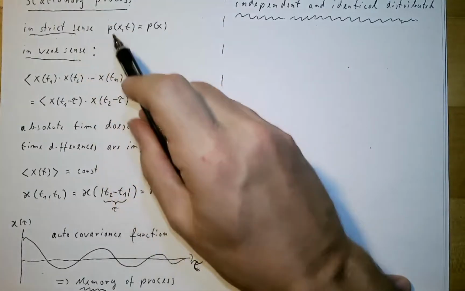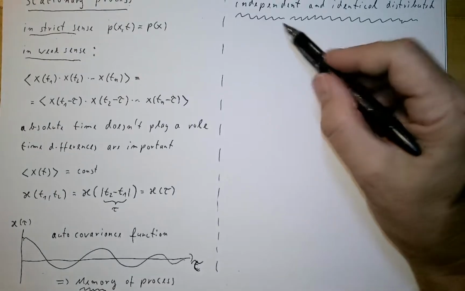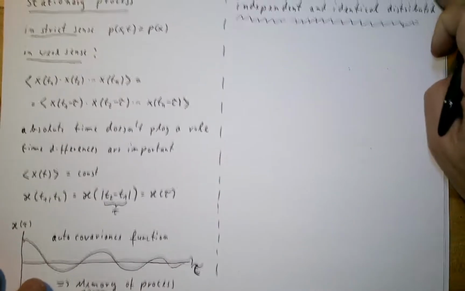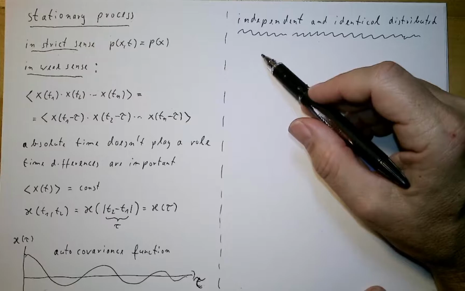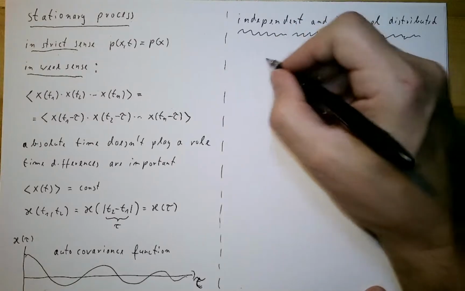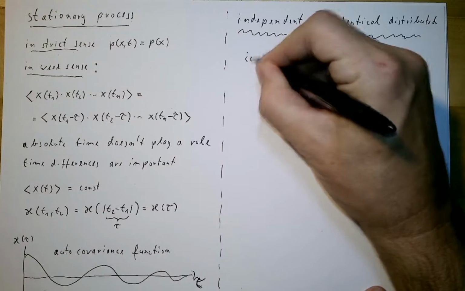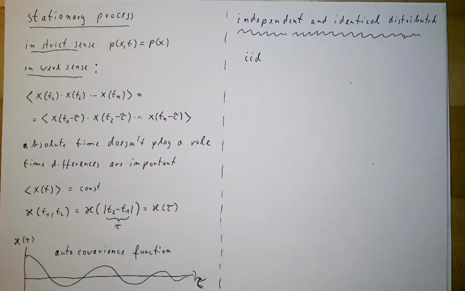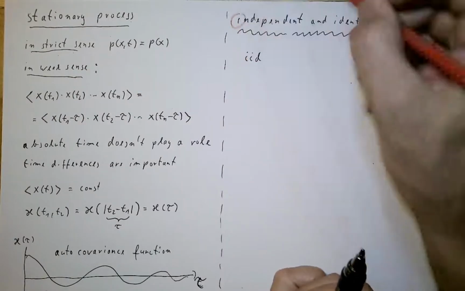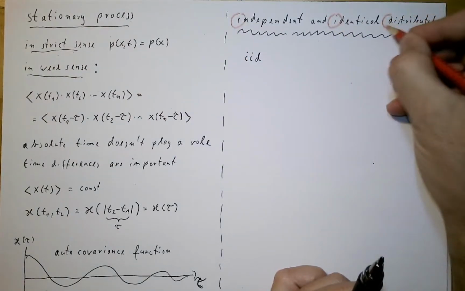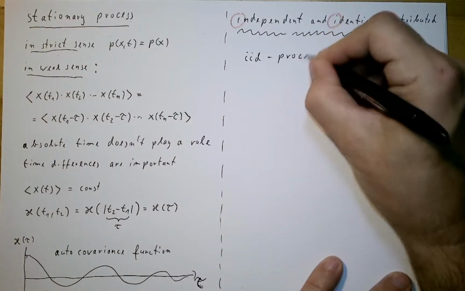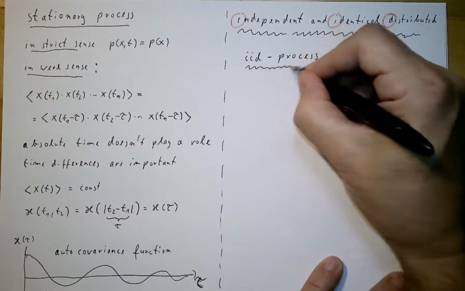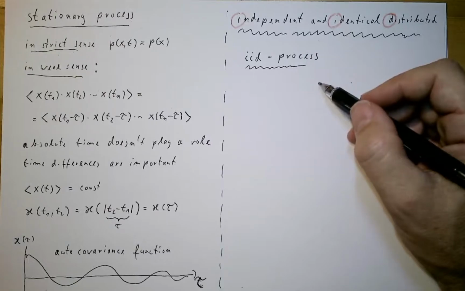Identical means it's stationary because at every time we have the same distribution, and independent means we want the covariance to be 0 for different time instances. And that's the most trivial stochastic process we can have, and this is often described as IID, for independent, identically distributed. We have an IID process. That's the most simple thing that we can have.